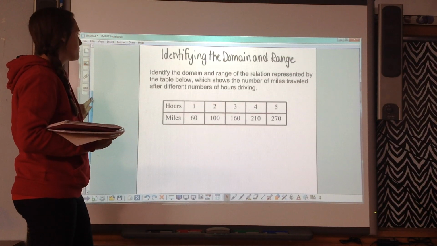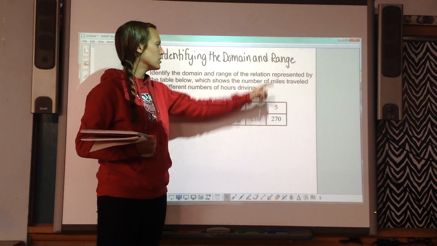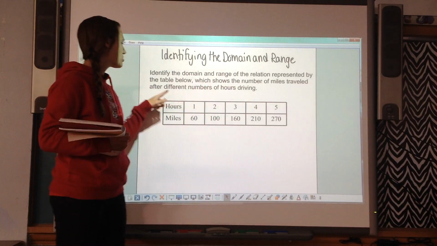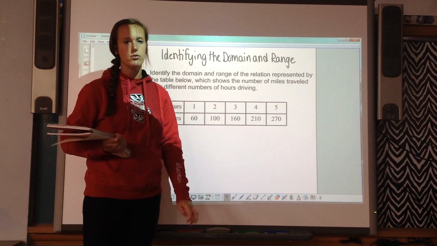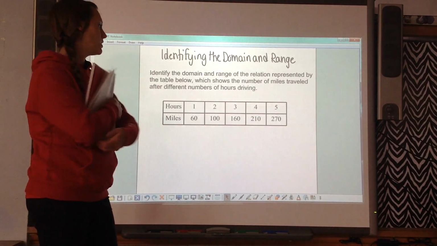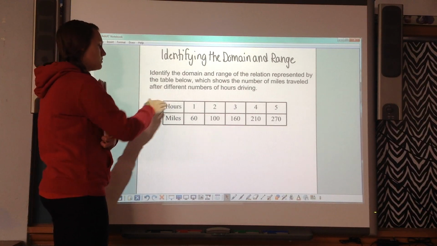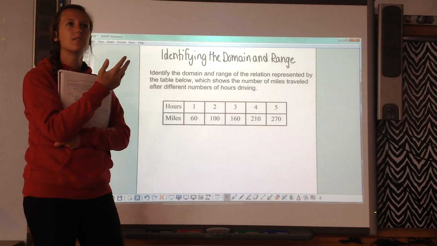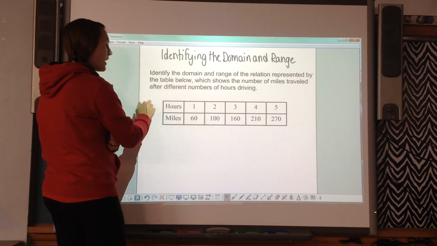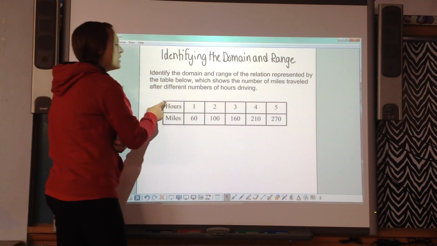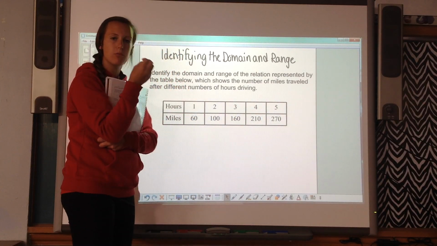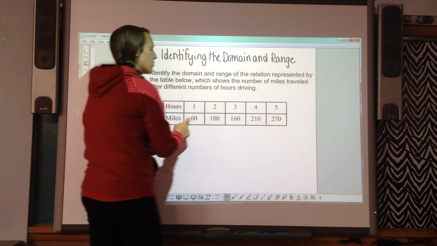So this says, identify the domain and range of the relation represented by the table below, which shows the number of miles traveled after different numbers of hours driving. So they're just going to want you to list the domain and the range. So you're going to have to decide what the domain and range is, or the x and the y values. Here, my x values are the number of hours. Depending on the number of hours we went, the number of miles changed.